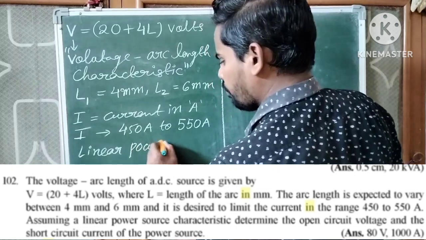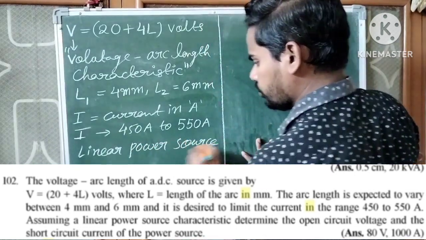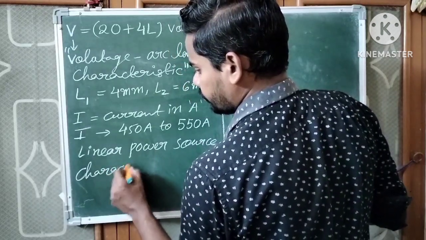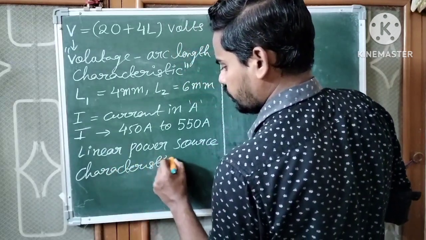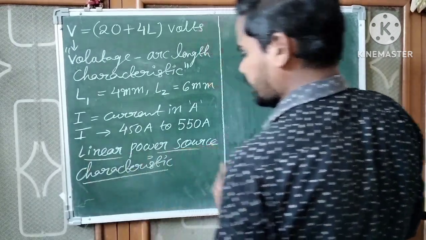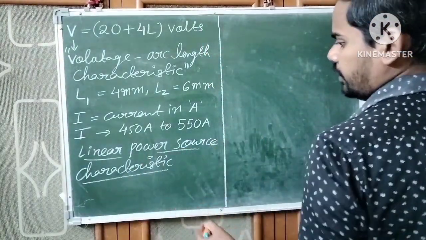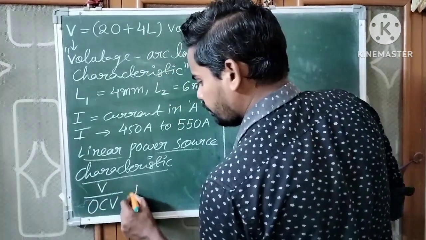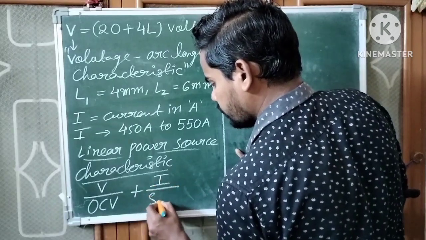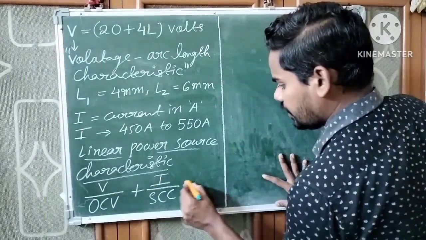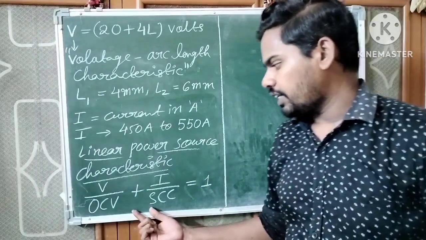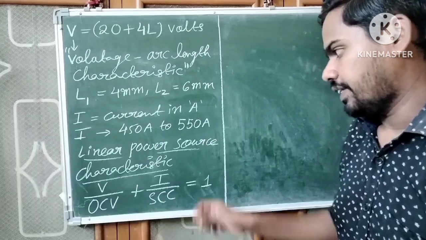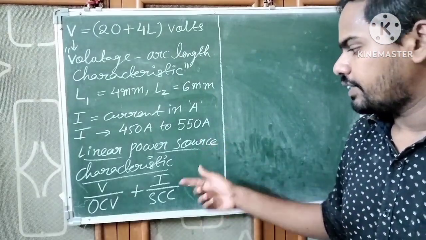The linear power source characteristic is V by OCV plus I by SCC equal to 1. This equation is called the linear power source characteristic equation.